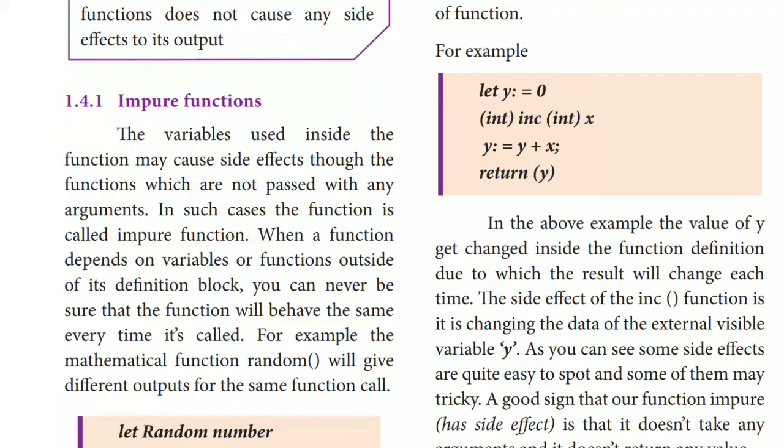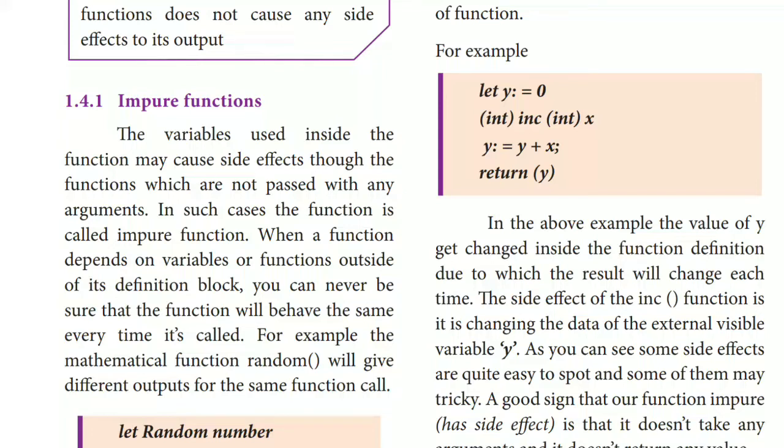If you provide the same function with the same value, but under a certain condition, it will provide a different output. This is known as a side effect. So an impure function creates side effects. That's what is given here.